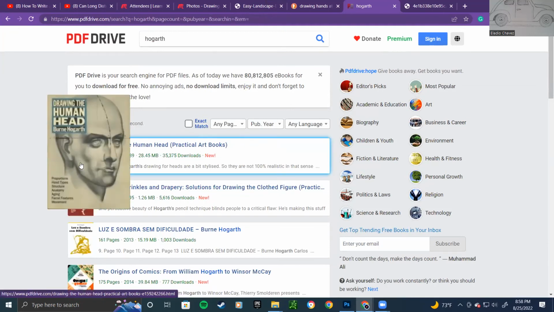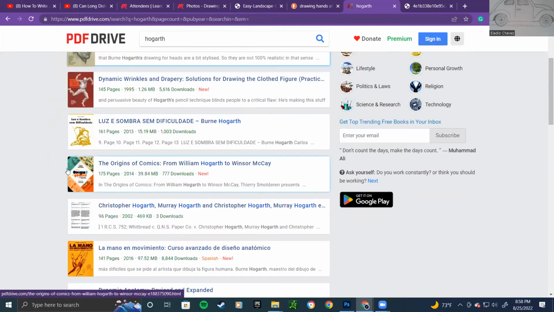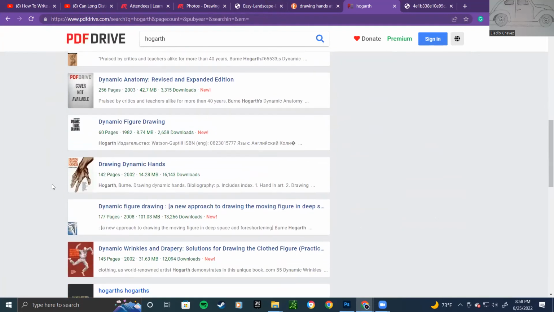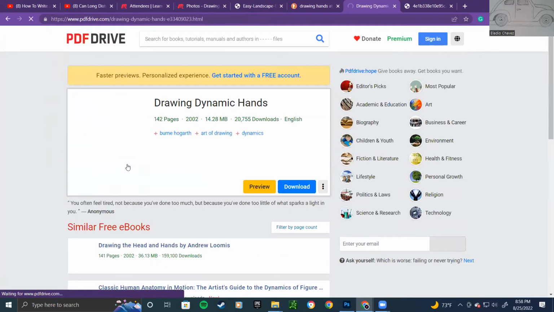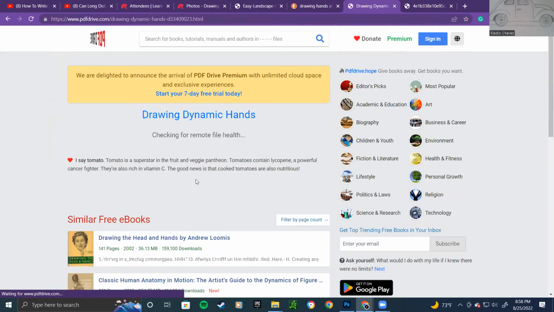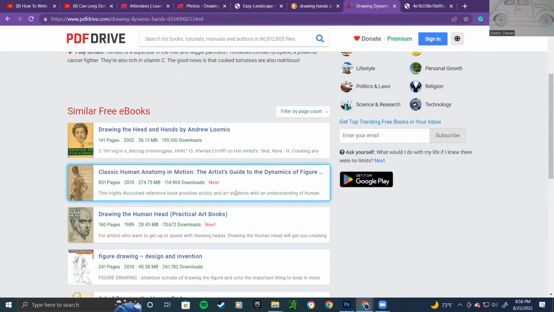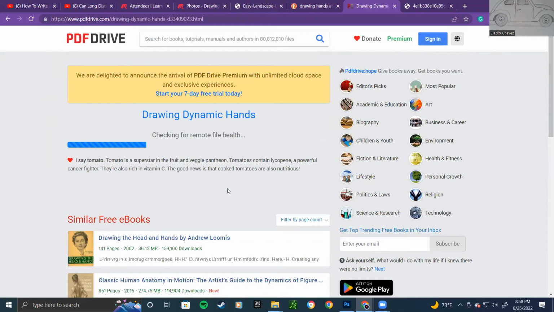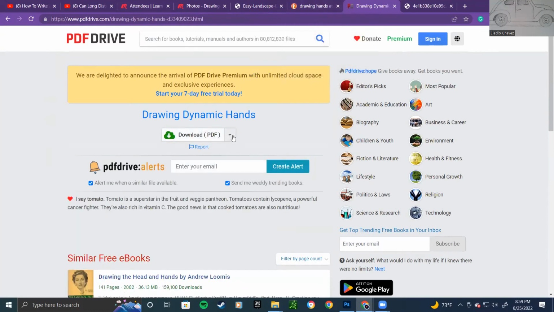So, there it is. This is drawing the head. But where's the hands? Look at this. There it is, drawing dynamic hands. So this book is good. Let's see if we can download it or preview it. I should have previewed it first. But it's downloading already. Oh, it's checking. There it is.